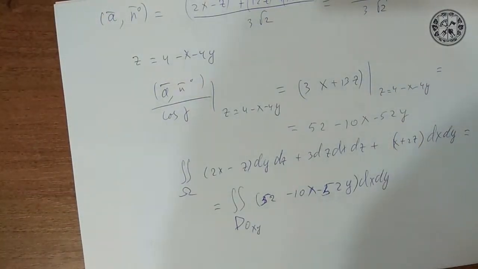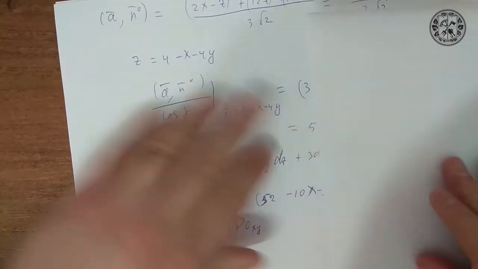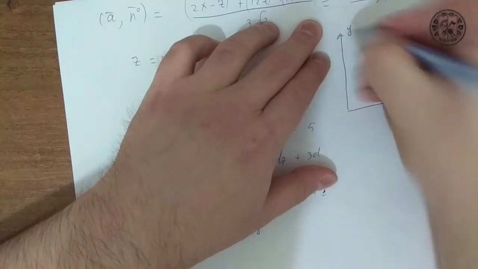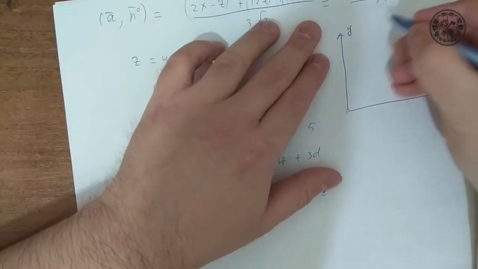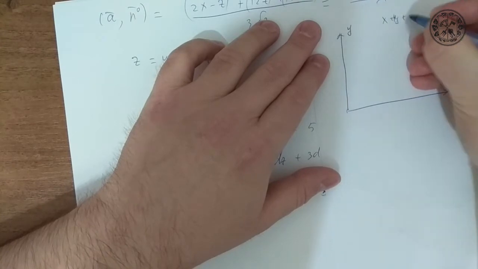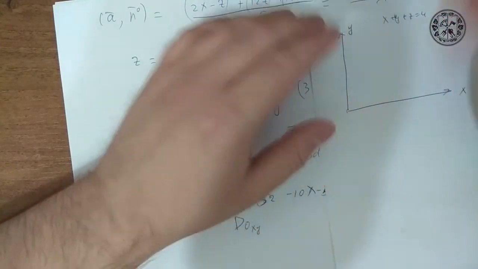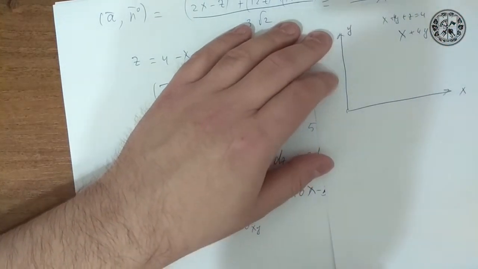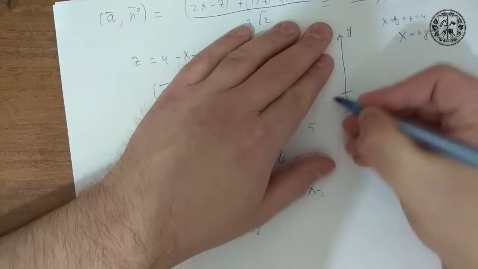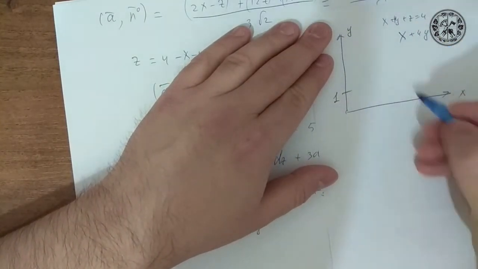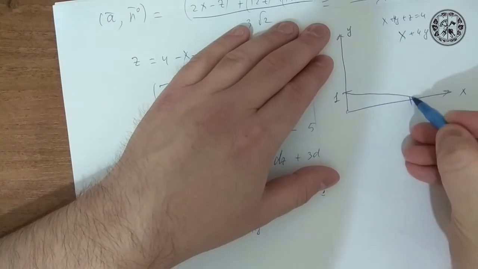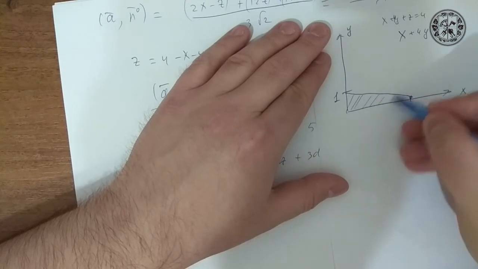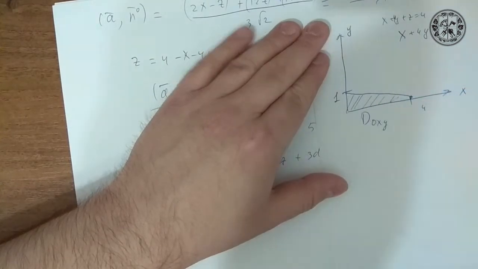So if we draw this projection on x, y, we have x plus 4y plus z equals 4. Here we have z equals 0, so we have x plus 4y equals 4 remaining. Now if x is 0, then y is 1. If y is 0, then x is 4. So we'll have a triangle from 1 to 4. This will be our region D in Oxy.